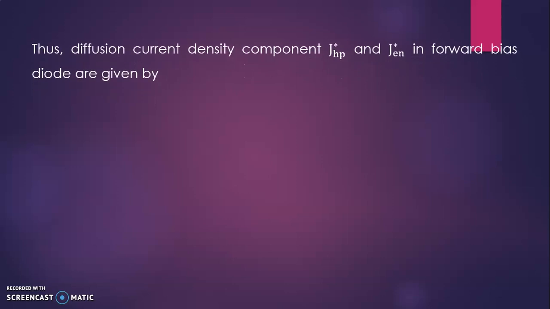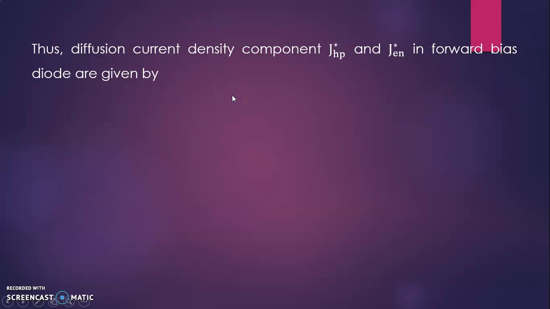First, we can see the diffusion current density component J star suffix HP. This J star suffix HP is the diffuse current density component of holes in the P side, and J star suffix EN is the diffuse current density component of electrons in the N side, in a forward bias diode, given by the equation.